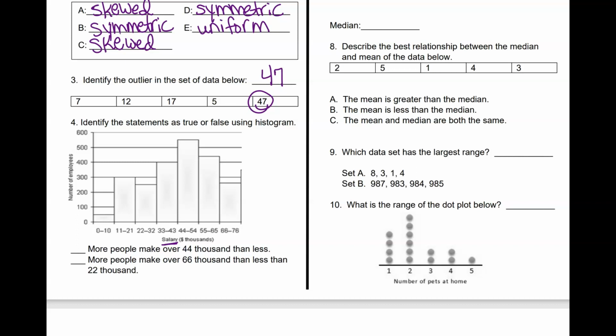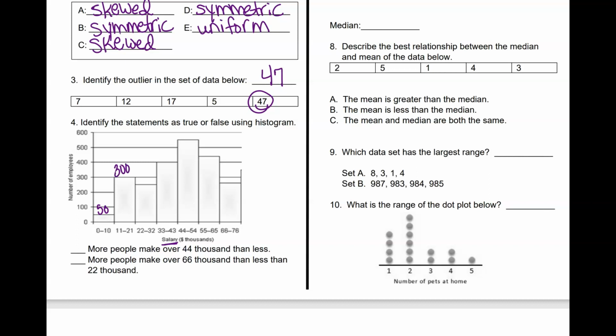The number of people who make 0 to 10 is about 50 because it's halfway between 0 and 100. The number of people who make 11 to 21,000 is 300 people.